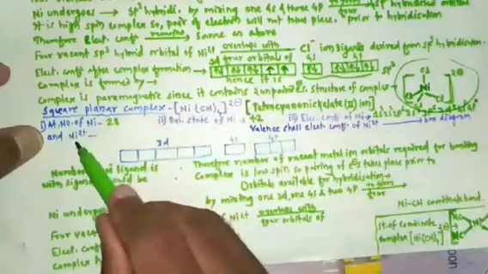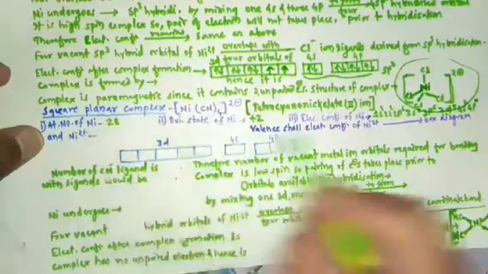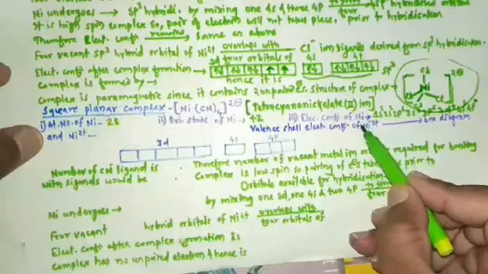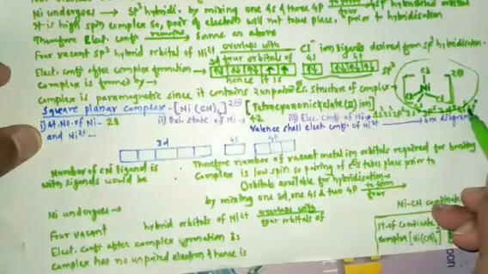So to convert nickel into Ni2+ ion, it has to lose 2 electrons, and it loses 2 electrons from the 4s orbital.